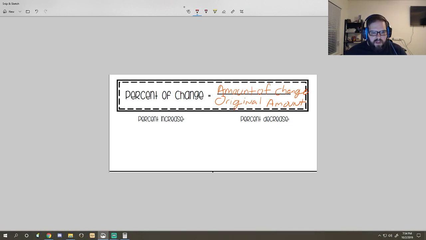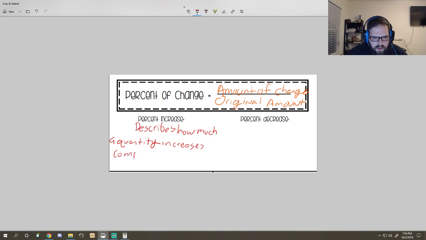So when we have a percent increase, it describes how much a quantity increases compared to the original amount.